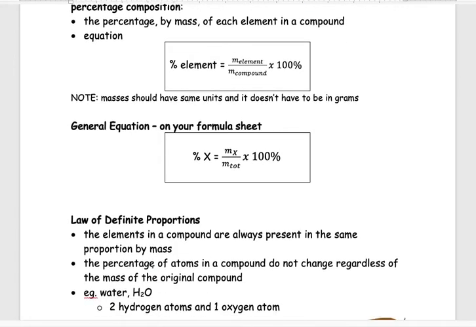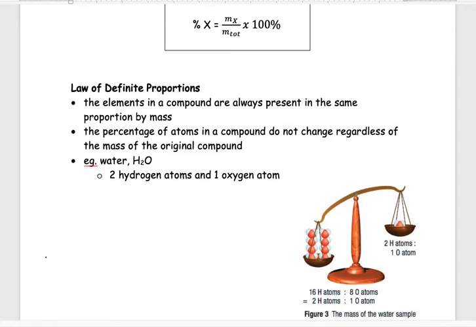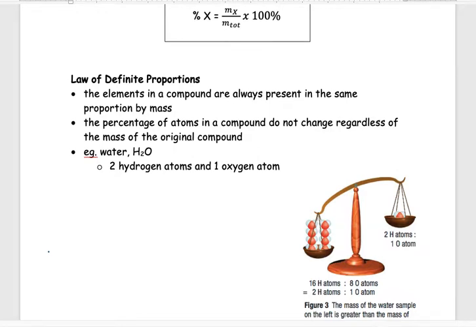There is a law of definite proportions here. What if we have 1 gram of sodium chloride versus 100 grams of sodium chloride? Am I going to get a different percentage of sodium to chlorine? No. You're still going to have that same percentage, even if the compound has a greater mass.